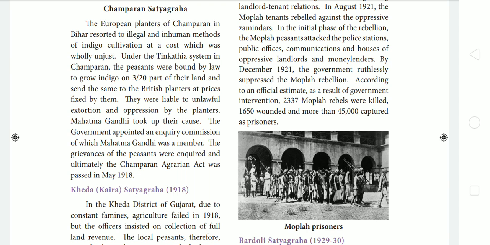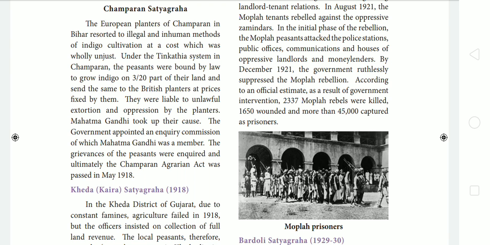So Mahatma Gandhiji took up their cause. The government appointed an enquiry commission of which Mahatma Gandhi was a member. The grievances of the peasants were enquired and ultimately the Champaran Agrarian Act was passed in May 1918. For this cause Mahatma Gandhi took part in this Satyagraha movement.